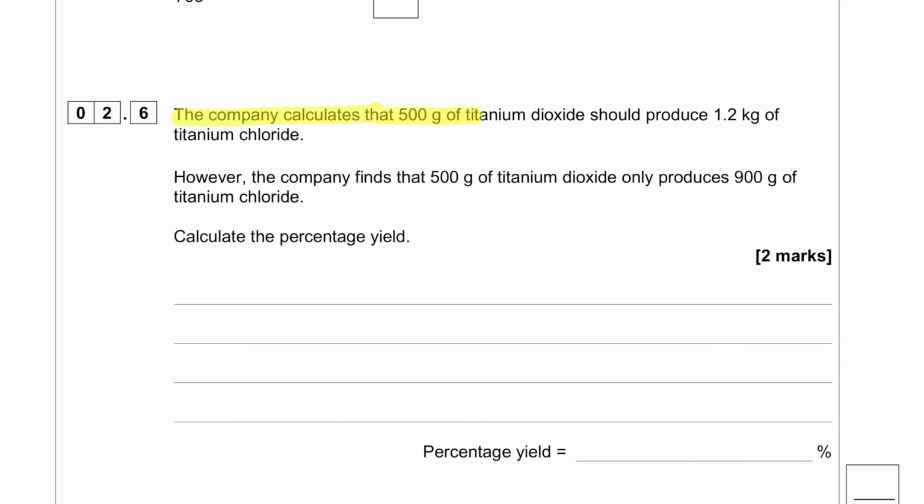The company calculates that 500 grams of titanium dioxide could produce 1.2 kilograms of titanium chloride. However, the company finds that 500 grams of titanium dioxide only produces 900 grams of titanium chloride.